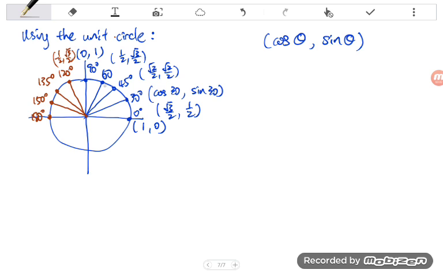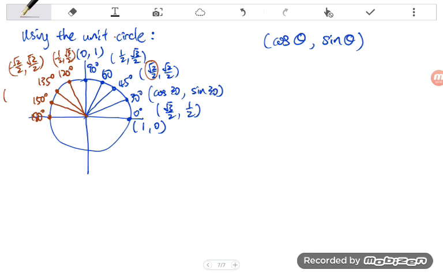And for the 135 degrees, I can use my 45 degrees to help me out. Instead of going positive root 2 over 2, root 2 over 2, I'm going to go negative root 2 over 2 for the x, and my y is going to be the same. For my 150, I'm going to use my 30 degrees.